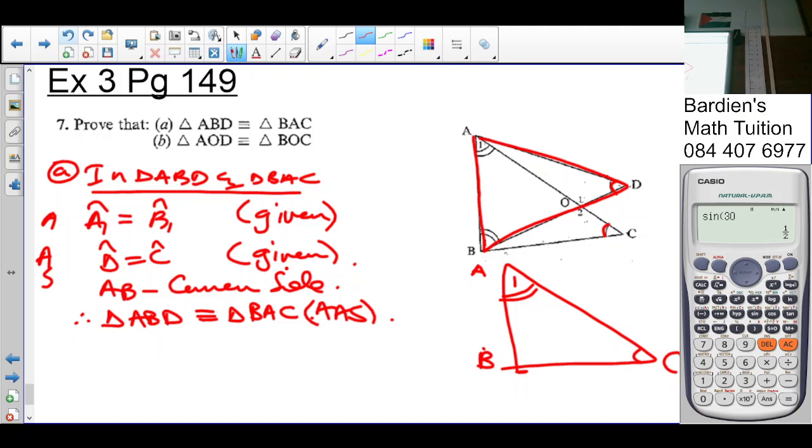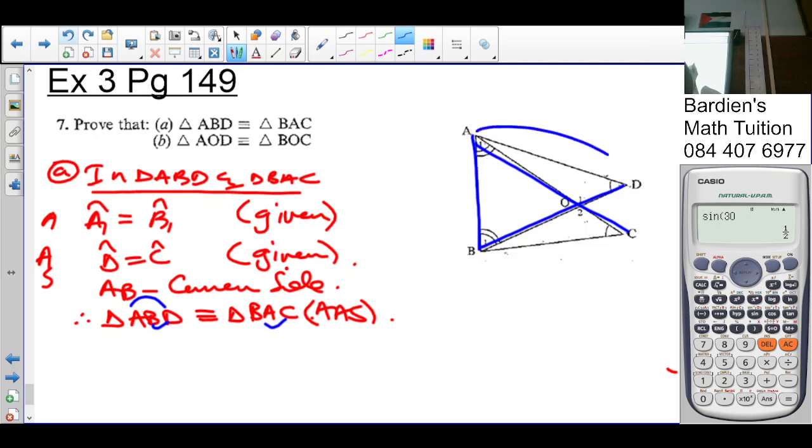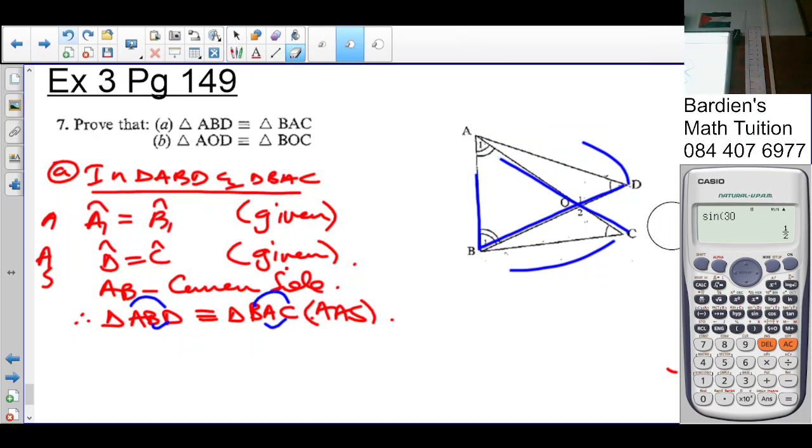Right, you guys got it? Now you must remember that AB is equal to AB, BD is equal to AC, and AD is equal to BC. Can you see that, people? So now the question says, let's just wrap this up quickly.